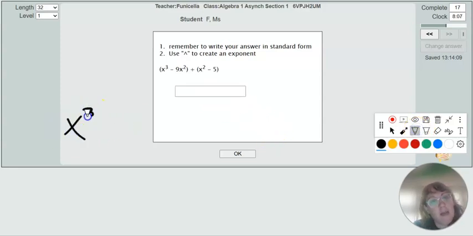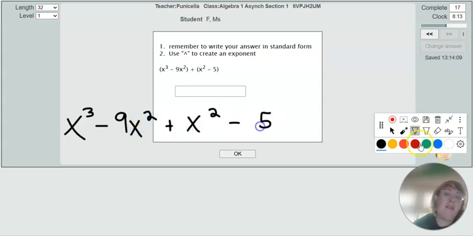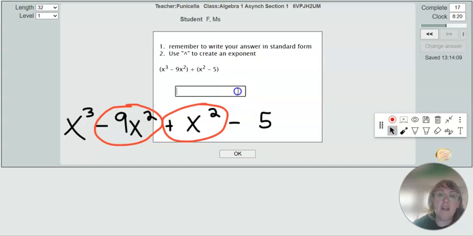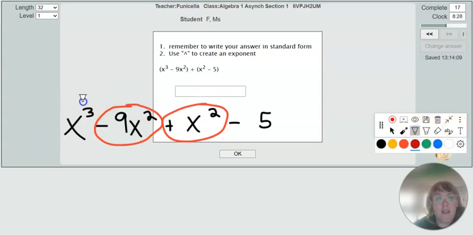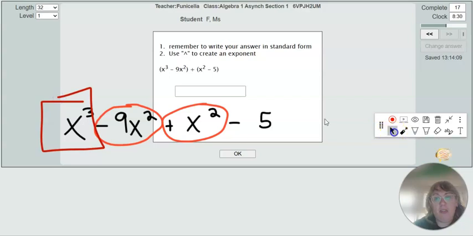Still addition here, so we have x cubed minus 9x squared plus x squared minus 5. So we have this negative 9x squared and this positive 1x squared, which gets us a negative 8x squared. Oh, wait, standard form, we want to put our x cubed first.